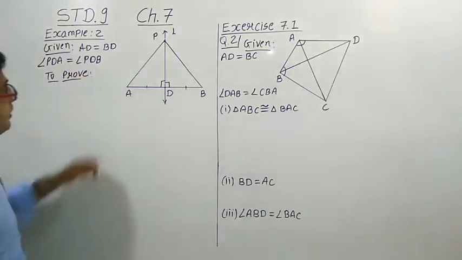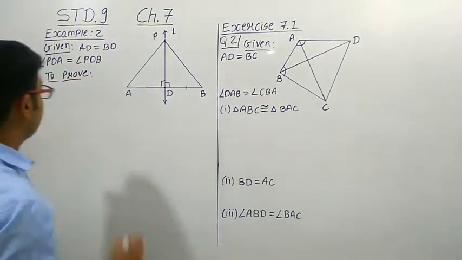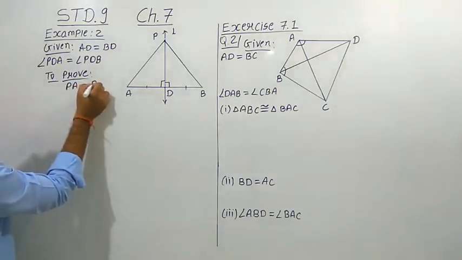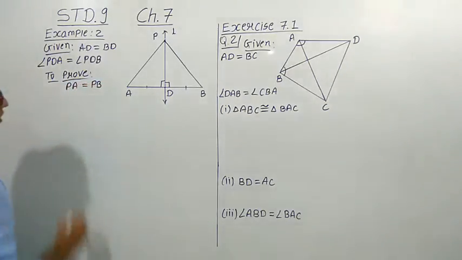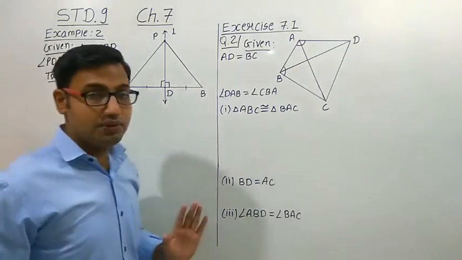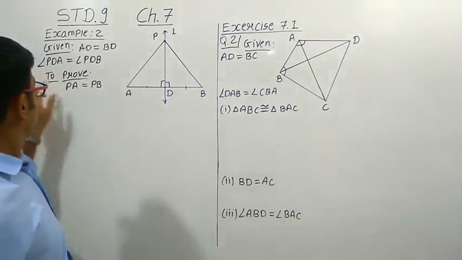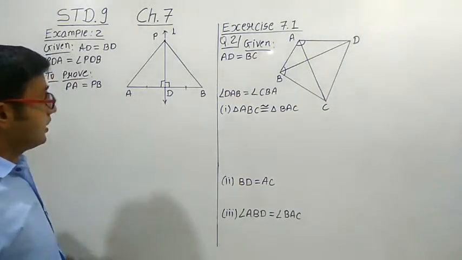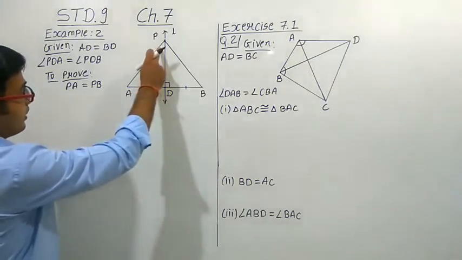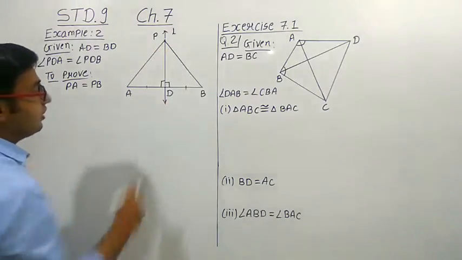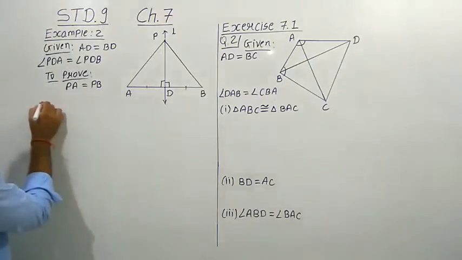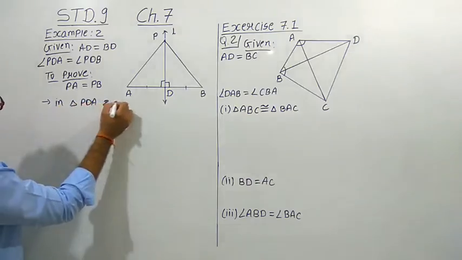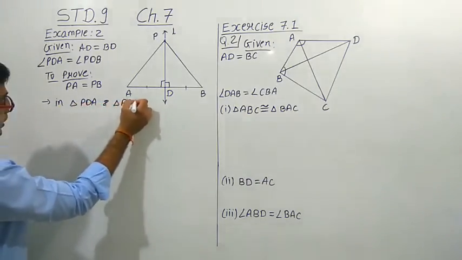We have to prove that P is equidistant from A and B. That means if we can prove that PA is equal to PB, then we can prove that P is equidistant from points A and B. So see, two triangles are formed here: triangle PDA and triangle PDB.